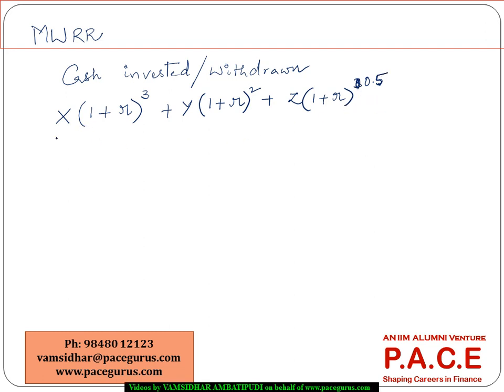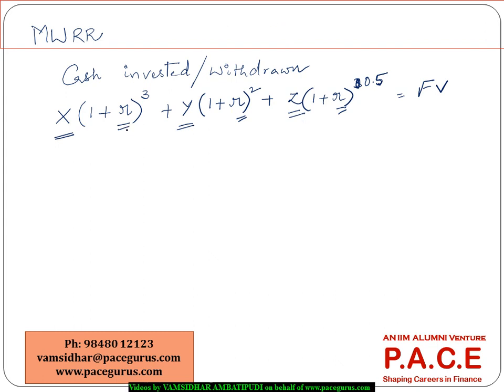So when different cash flows are getting invested into the project and their time durations are different, this entire thing should be equal to the final value of the project, whatever it is.